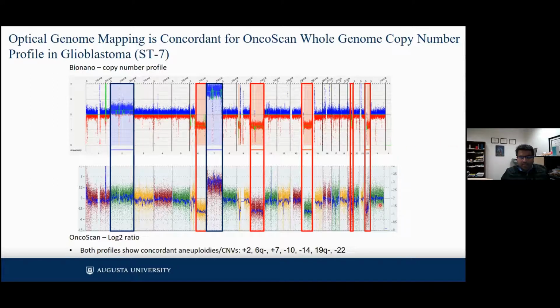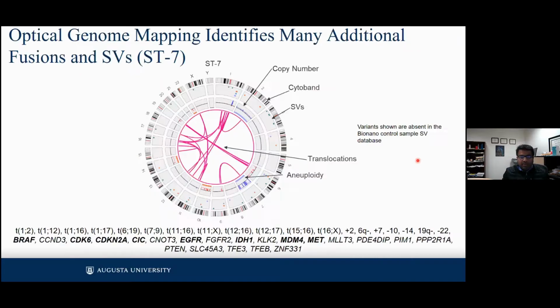You can see the SNP on the bottom, Oncoscan, and the OGM on the top. The top panel is OGM data, and the bottom is microarray. Both the profiles show the concordant aneuploidies and the CNVs, especially in chromosomes 2, 6, 7, 10, 14, 19, and 22. I want to dive deeper into that data.